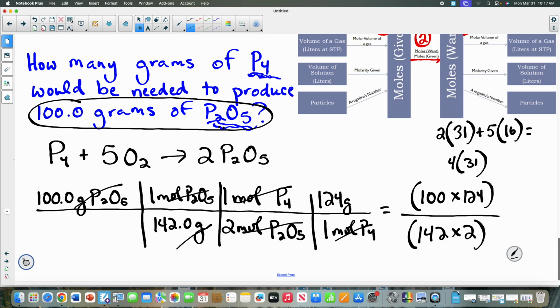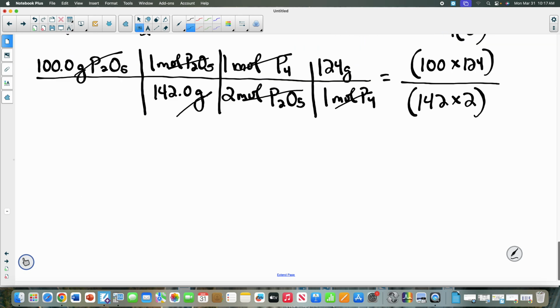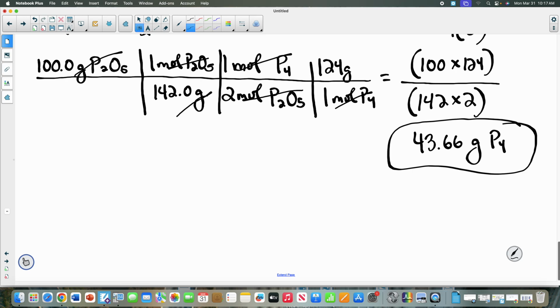Four sig figs, and I get 43.66. Right, and the units that I was trying to get to are grams P4. Okay, so why don't you guys grab some whiteboards?